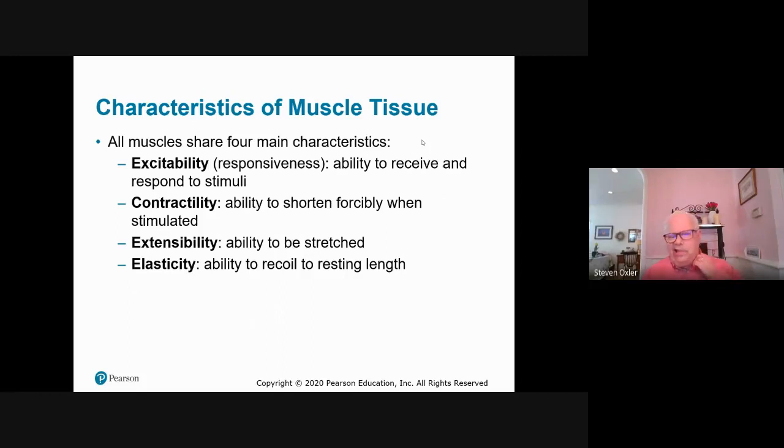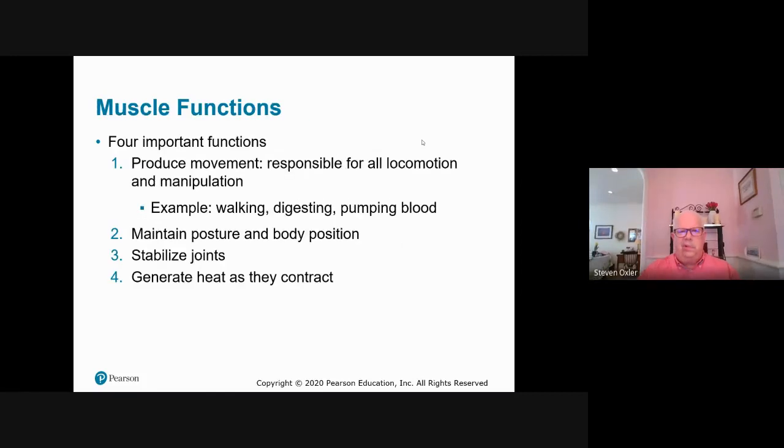And elasticity, the ability to recoil back to its original length. So know excitability, contractility, extensibility, and elasticity. Know those 4 characteristics of all muscle tissue. Okay.